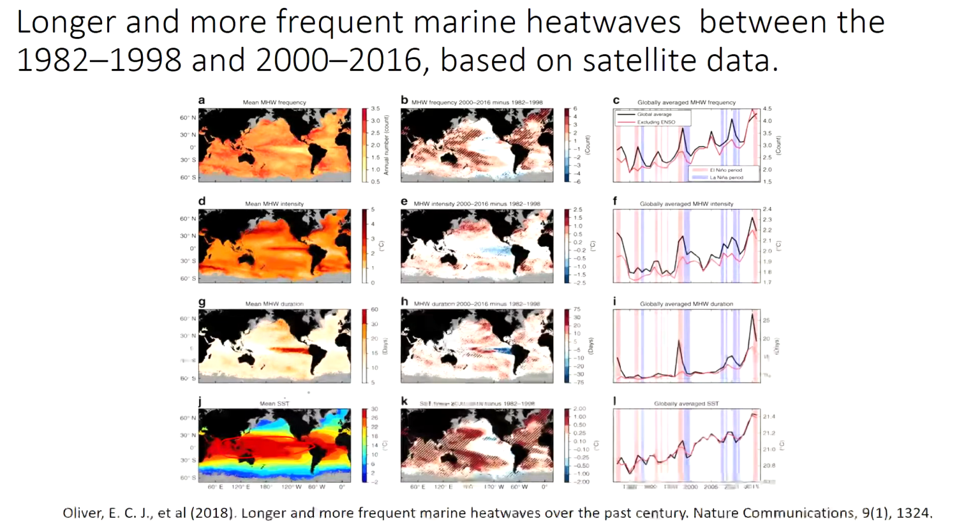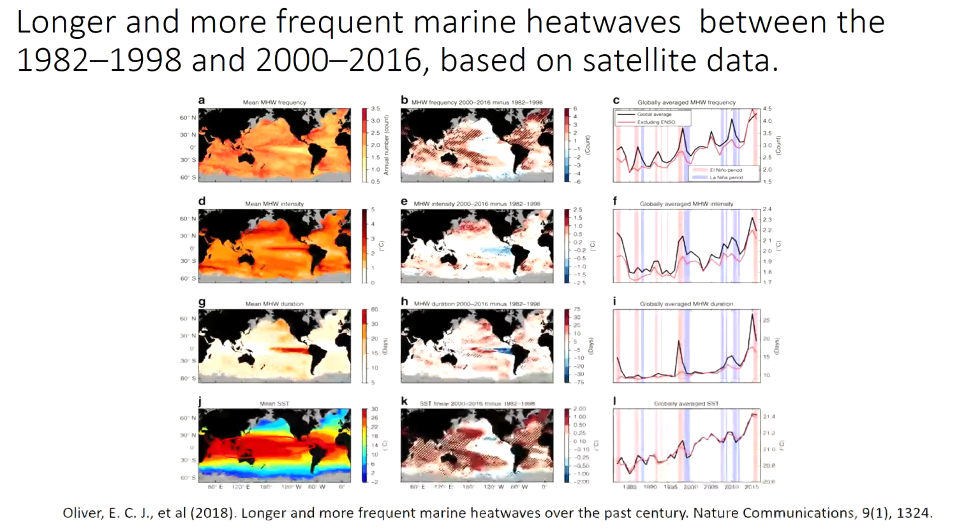What these plots are all doing is looking at the difference in the average conditions in the 2000s and early 2010s compared to the 80s and 90s. So down at the bottom in K, this is the sea surface temperature in the 2000s and early 2010s, minus that in the 80s and 90s.